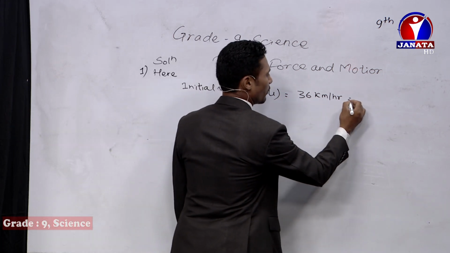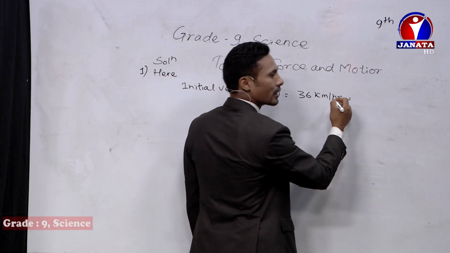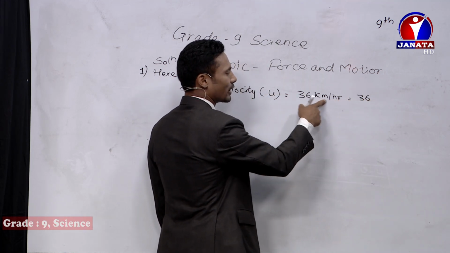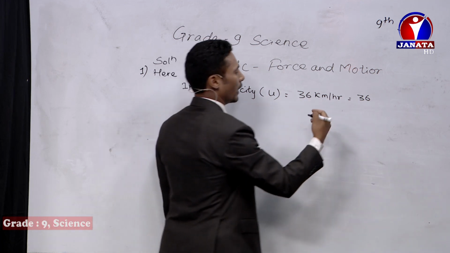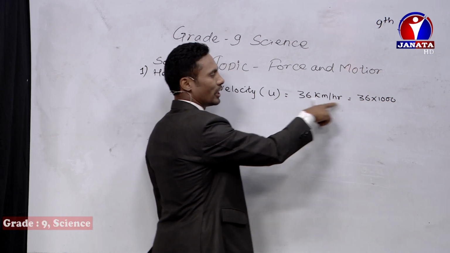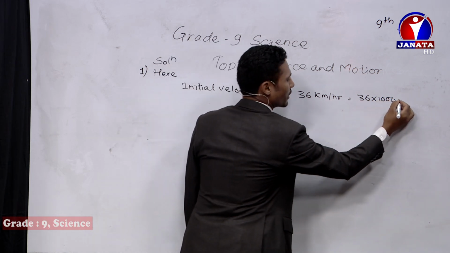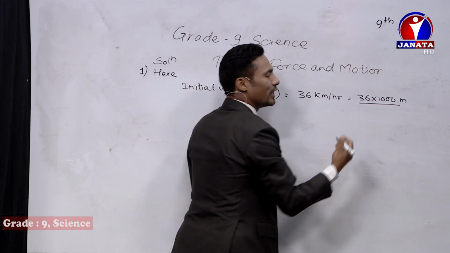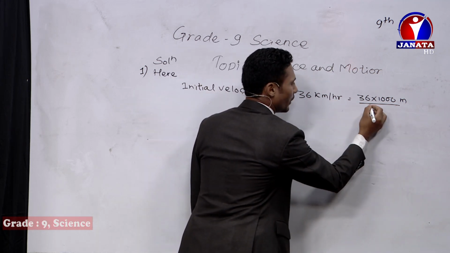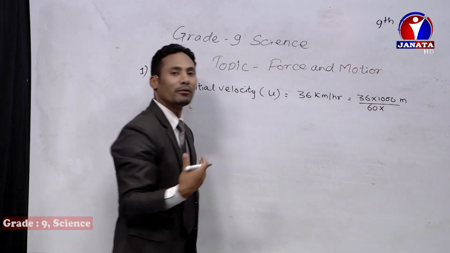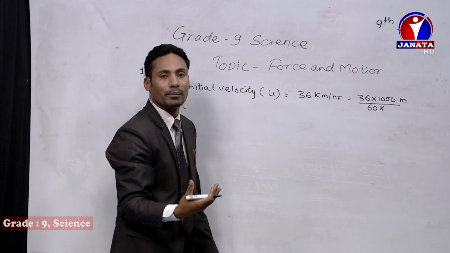So how to change? We have learned in the previous class also. This is 36, kilometer is there. That kilometer changes into meter by multiplying by 1000. Now this is meter, divided by hour. Hour changes into minute when we multiply by 60, right? Similarly, that minute converts into second, again multiplying by 60.